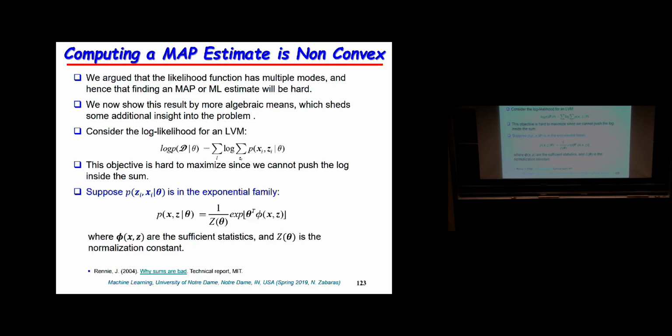So remember, right, if you take a Gaussian mixture, you remember we did a calculation. If you take a mixture of Gaussians, is the new distribution in the exponential family? When you have a mixture of distributions, is the mixture in the exponential family? I know we did a homework on this, right?